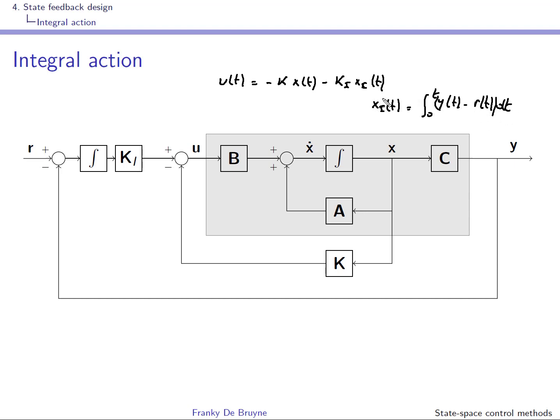So if you plug this one in, you can rewrite this as u of t is equal to minus Kx of t plus Ki times the integral from 0 to t of r(t) minus y(t) dt.